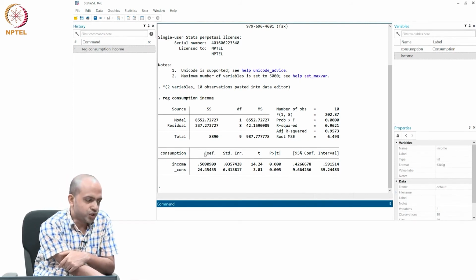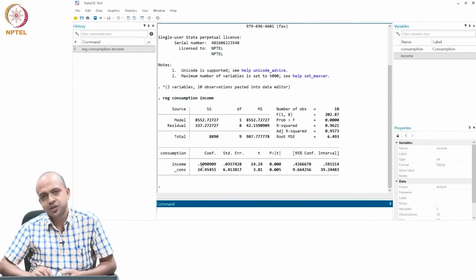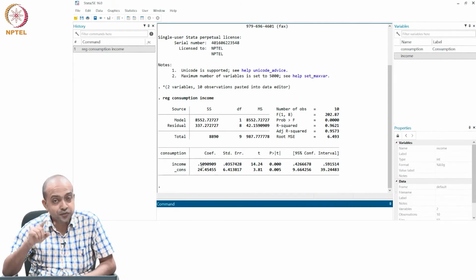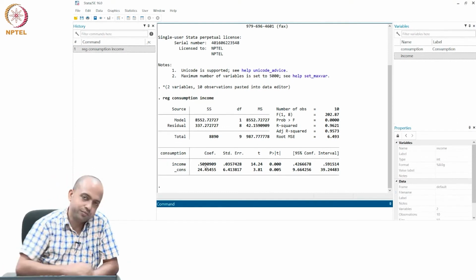So, coefficient, and after that they have given your independent variable, which is income, and the coefficient of income is 0.50. So, the model we have specified is y_i equals alpha plus beta x_i plus u_i, and the estimate of beta, that means beta hat, is 0.5090.